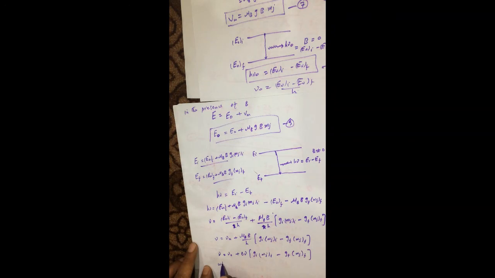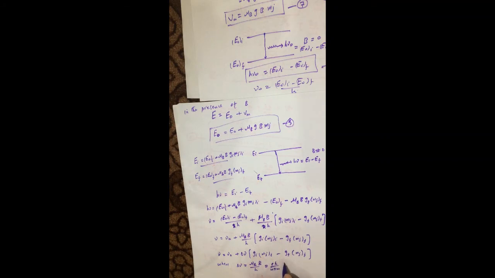Here we define delta nu is equal to mu B B over H, and mu B is the Bohr magneton, which is eH over 4 pi m, times B over H. H cancels with this, so this is eB over 4 pi m.